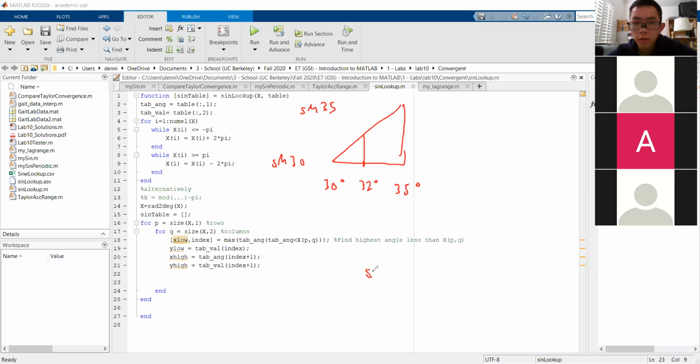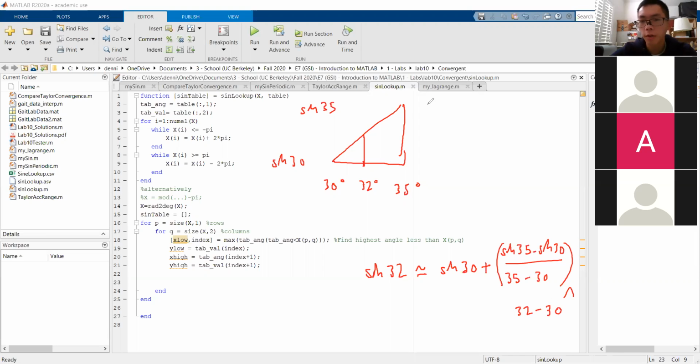So sine of 32 is approximately sine of 30 plus sine of 35 minus sine of 30 over, not that, rise over run. So that's 35 minus 30, all that times 32 minus 30.